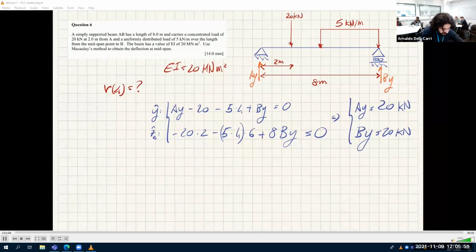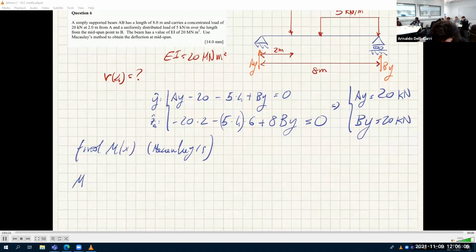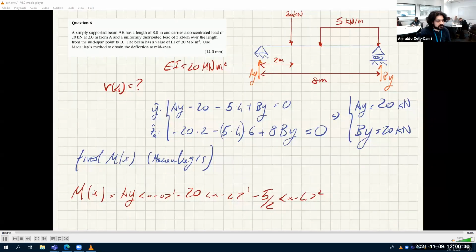Okay, now that we know this, we find the moment, M of x, Macaulay's. So we have M of x is AY times x minus 0 to the power of 1, minus 20 times x minus 2 to the power of 1, minus 5 divided by 2 times x minus 4 to the power of 2. And that's it. Because BY is at the end of the beam, we don't need it.